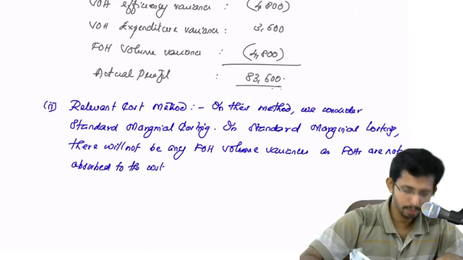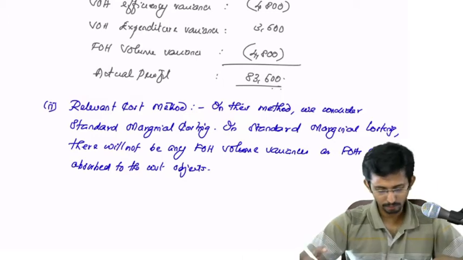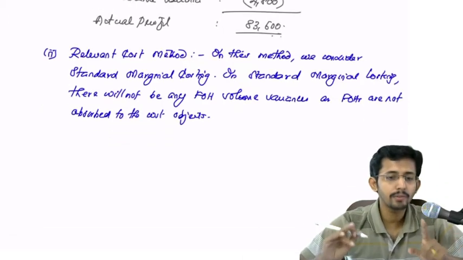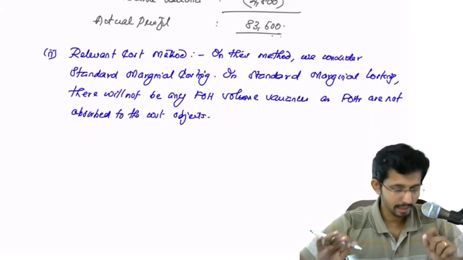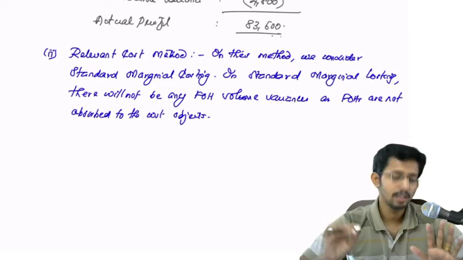We have already seen this principle, right? So there won't be any FOH volume variance in standard marginal costing, even in the relevant costing method.